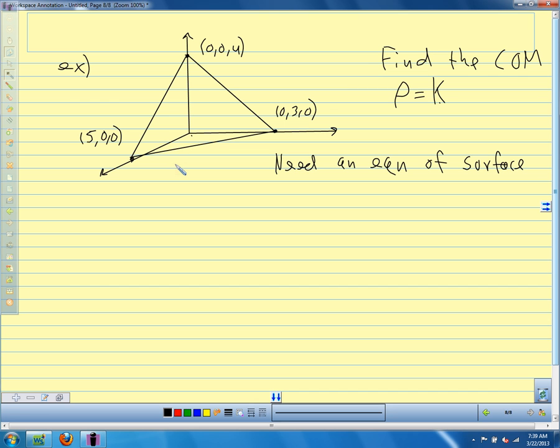So think back. What do we need to write the equation of a plane? Direction numbers, which come from a normal vector. So we need a normal vector to our plane.